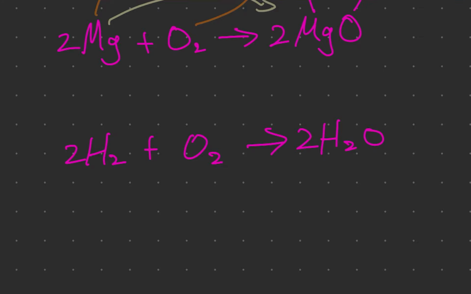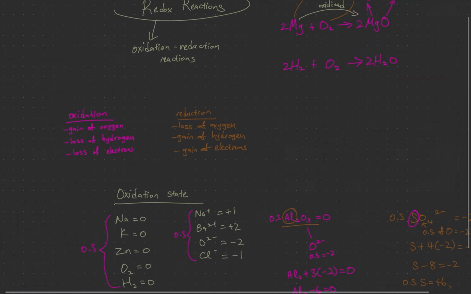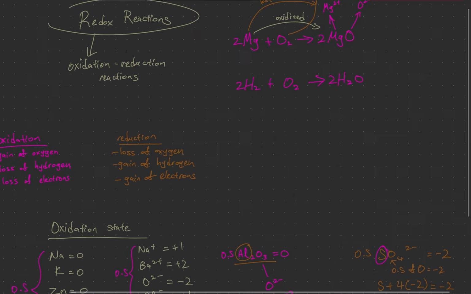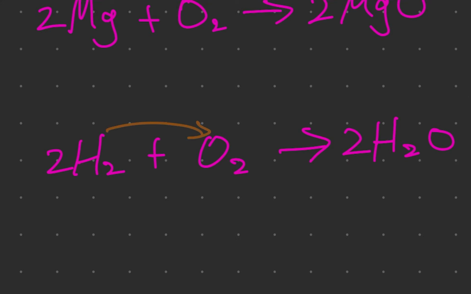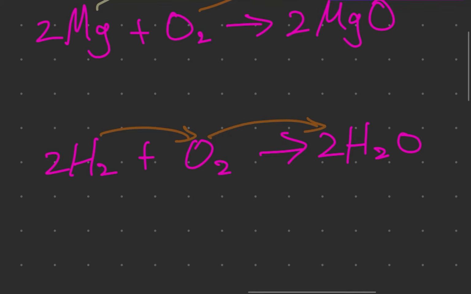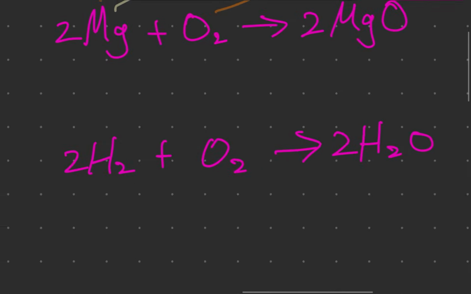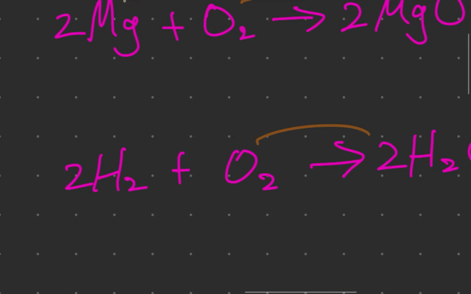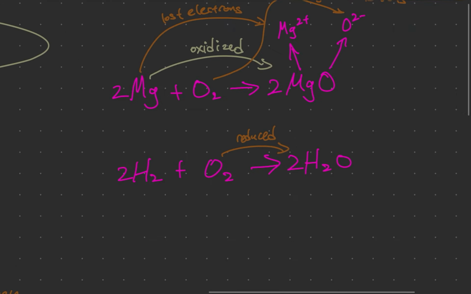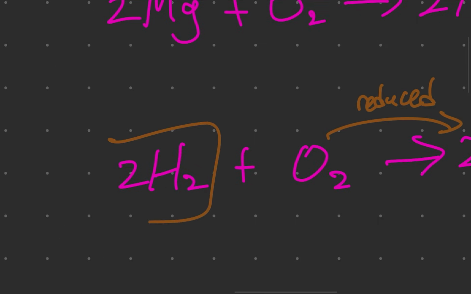So now I'm gonna talk about why a gain of hydrogen is reduction. Over here, we know that oxygen gained hydrogen in order to form H2O. Now, why is a gain of hydrogen reduction? So oxygen is reduced due to gaining hydrogen.